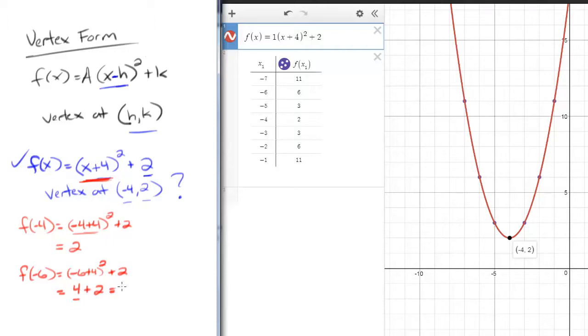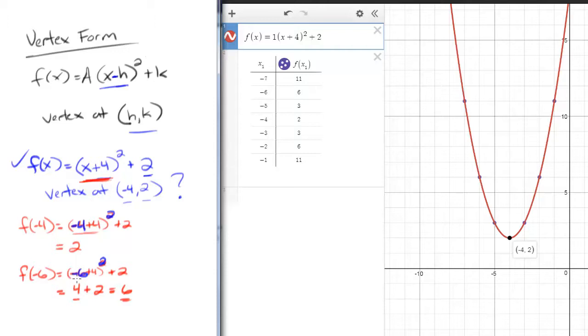Plus 2 equals 6. In fact, if we plug in any number into this x spot right here that's not -4, if it's -6, -5, -10, positive 30, whatever we plug in, after we square it, in every case we will be adding something to this 2 right here.